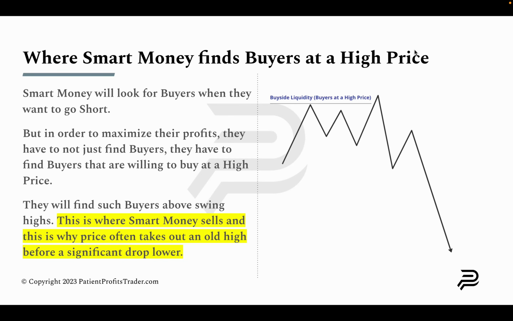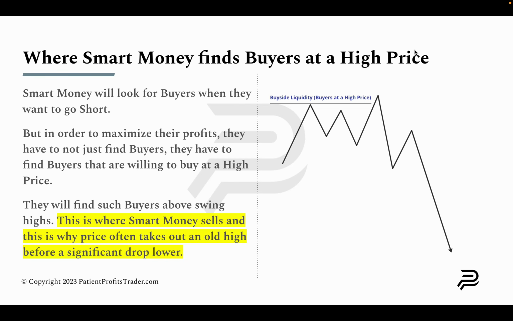Because there are buyers at a high price above those swing highs, the algorithm will take price above those relative equal highs, purge those buy stops, take out those buy stops, trigger those buy stops. Why? So that smart money can sell to those buyers that are willing to buy at a high price.